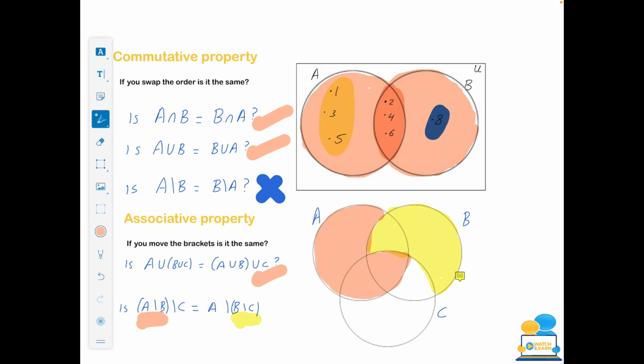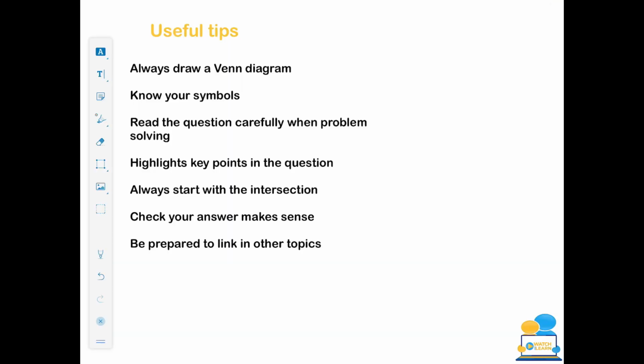Now we can see they were different sections. The section I'm talking about now is all of this, with this intersection as well, whereas the last time we were just out here in only A. So we can say that set difference is not an associative property. If you move the brackets, it does change.